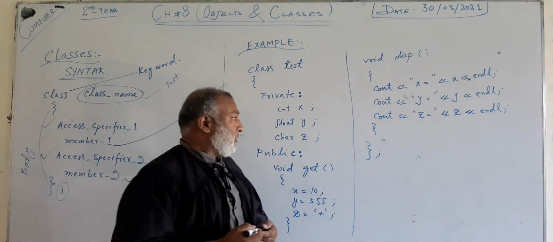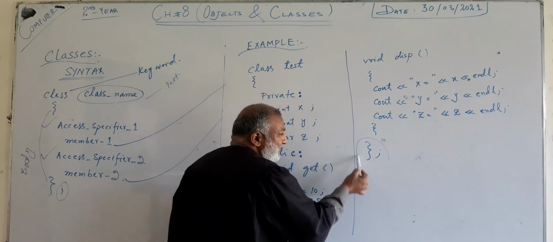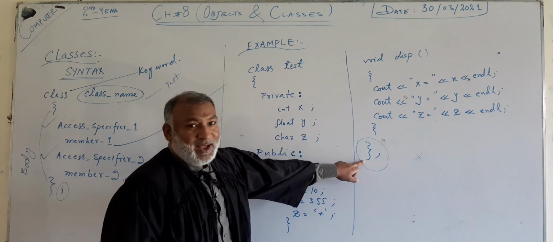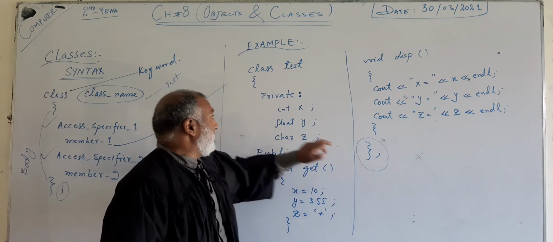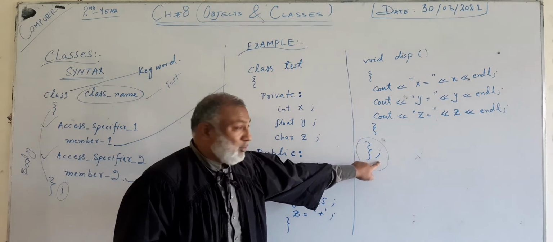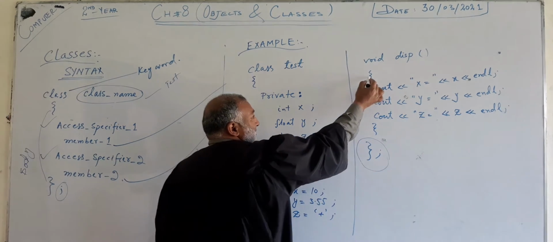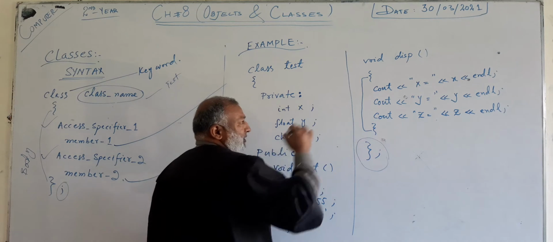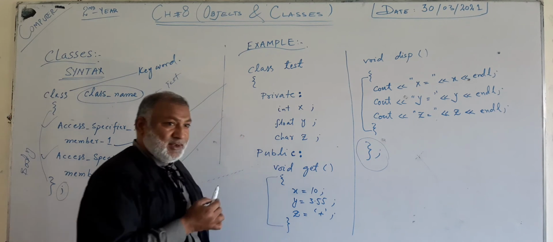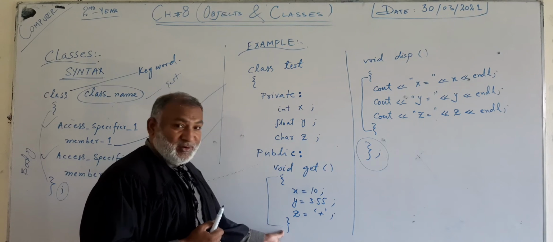Now, first of all, you must notice this bracket. This is the class. We are closing the class here. The class starts from here, the class finishes here with a semicolon. And this is the start bracket of the function, this is the close bracket of the function, starts here, finishes here.